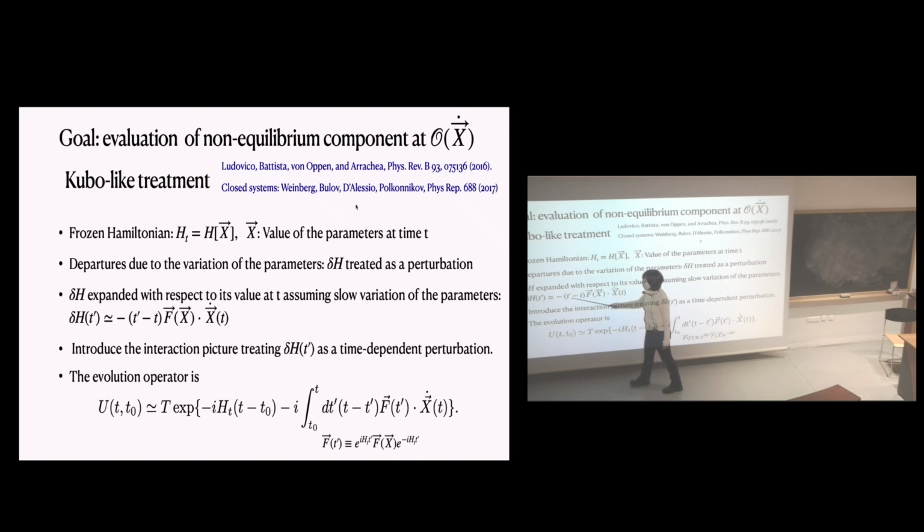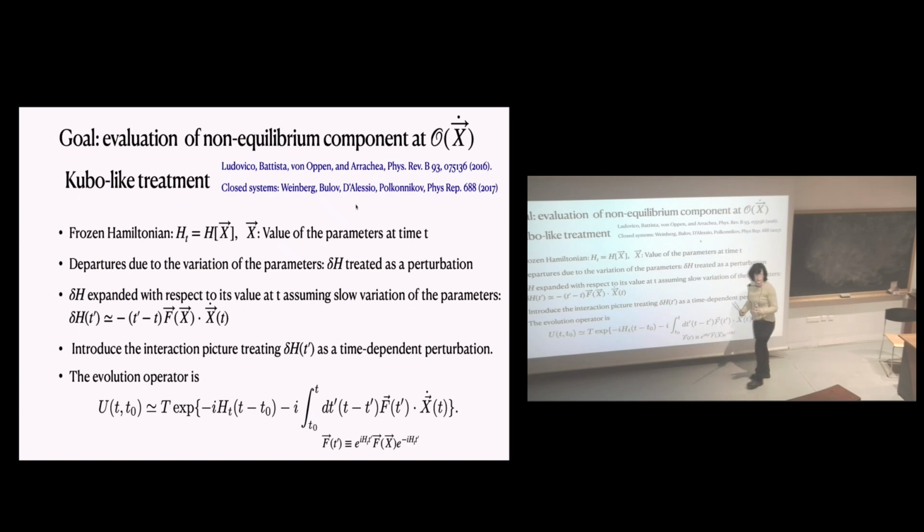I'm evaluating the Hamiltonian at the given time t prime as the derivative of the Hamiltonian with respect to the time-dependent parameters times the velocities of the time-dependent parameters evaluated at the time t at which I freeze, times t prime minus t.